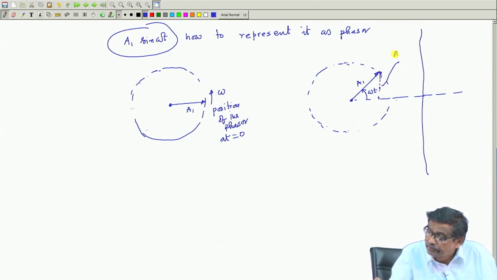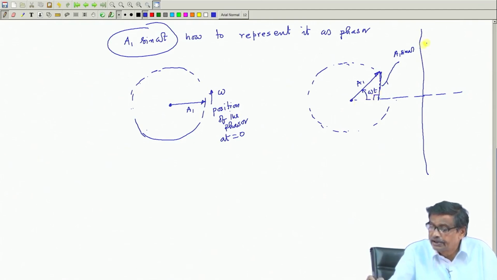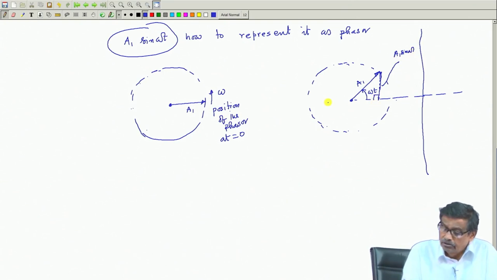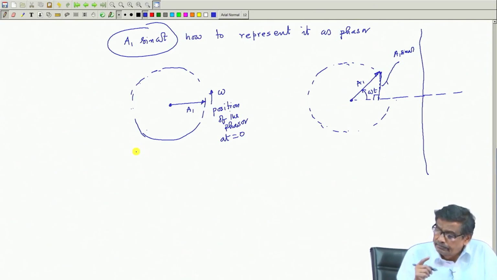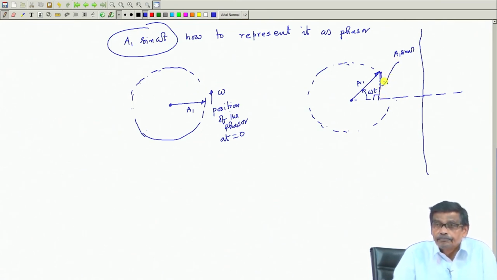A1 sin omega t, is not this length, from this right angle triangle, A1 sin omega t. Therefore, although I have imagined that a length is moving like this, I will be back in my mind thinking that at any position of A1, the projection of A1 on this vertical line will give me the instantaneous value of this sinusoidal quantity.